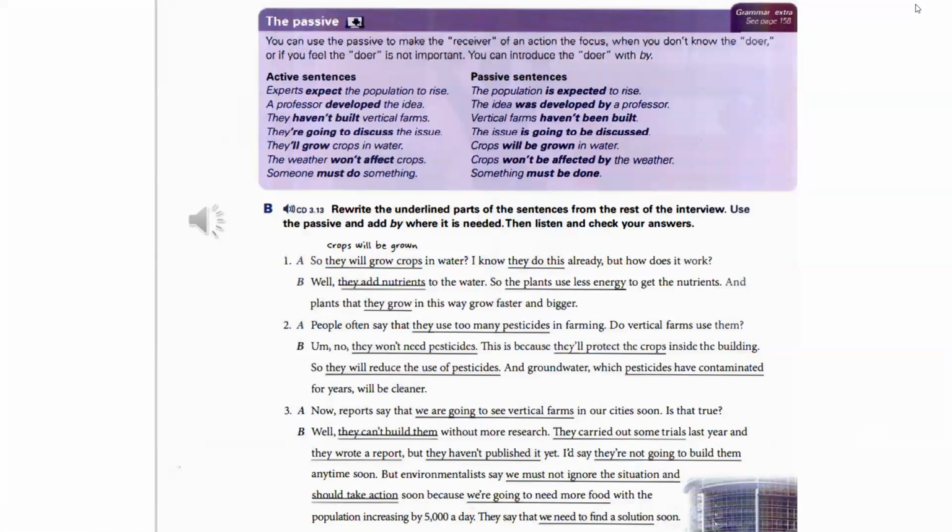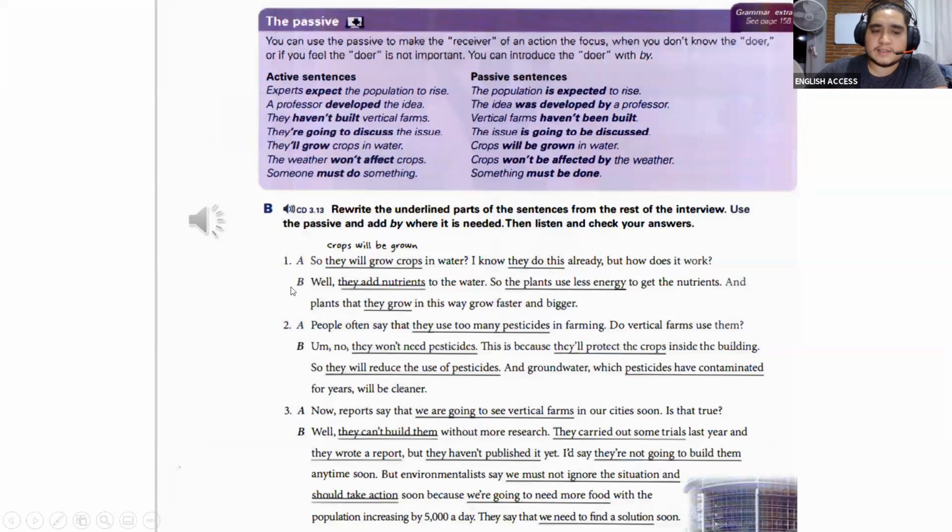Someone must clean, something must be done. Very good. And if you notice, when the doer of the action, in our cases, we have someone, they, experts, when we have these expressions, these subjects, the doer is not really important, or it is unknown, right?